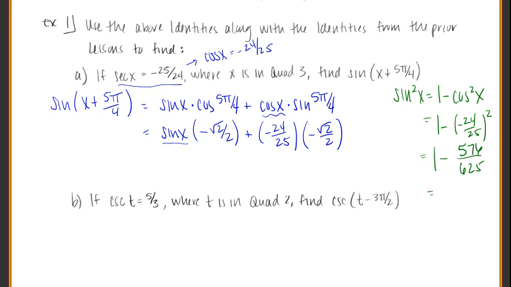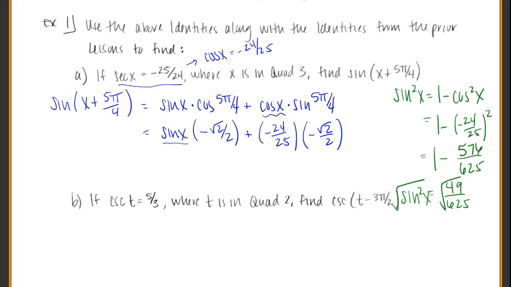If we combine these together, 625 minus 576 is 49 over 625. And remember, all of this is sine squared equals.